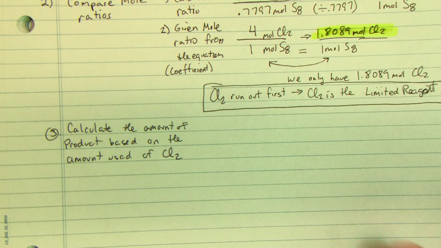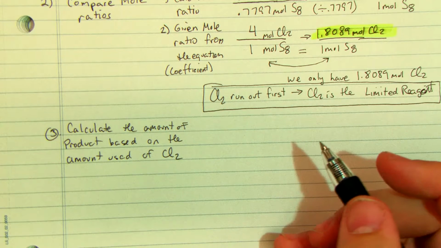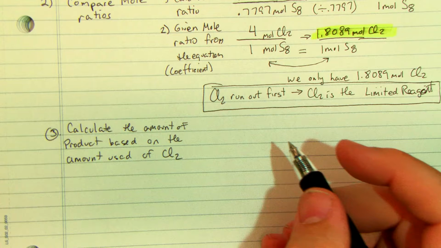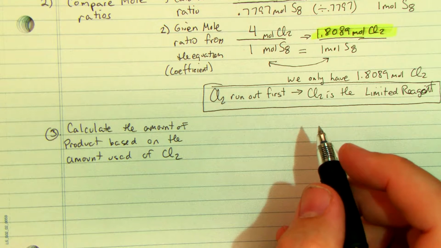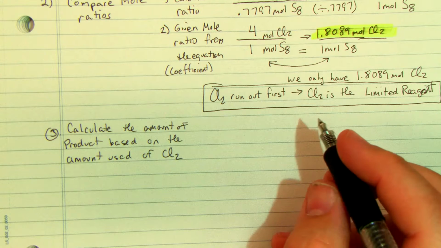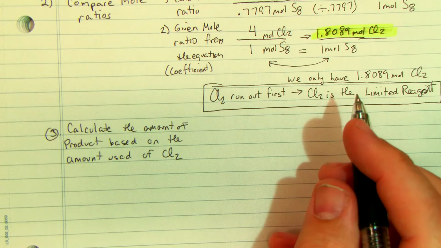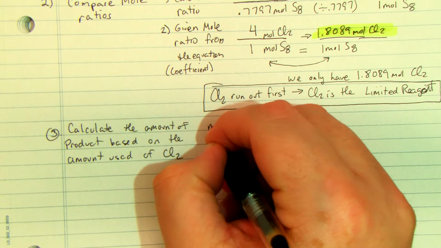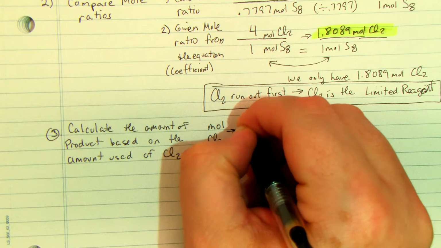So here's what we need to do in this case. First I have to go moles to moles. Moles of Cl2 to moles of S2Cl2.